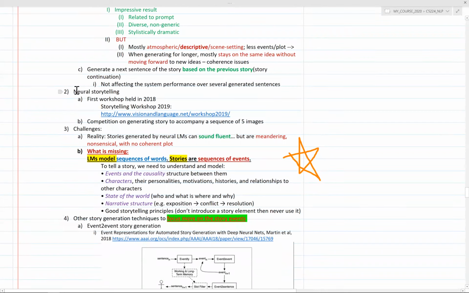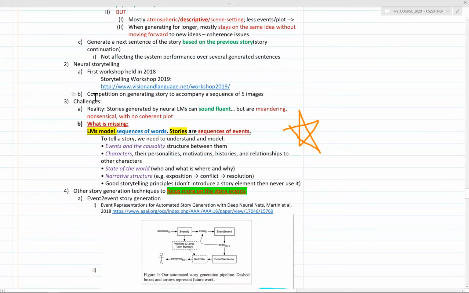Then it comes to neural storytelling. After 2018, there have been a lot of workshops. You can check out this website, where the most advanced storytelling groups discuss. They hold a competition on generating a story from a sequence of five images, which is a pretty interesting competition.